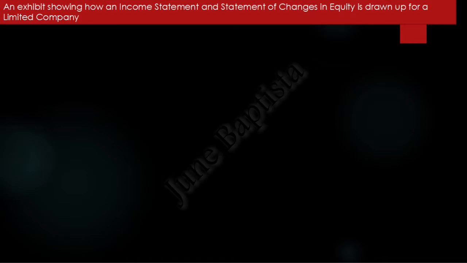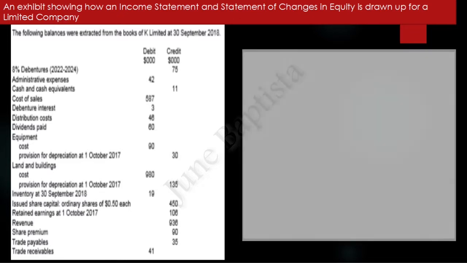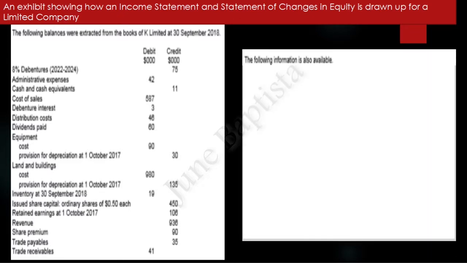The following exhibit is adapted from a past paper and will show how an income statement and the statement of changes in equity is to be drawn up for a limited company. Pause the video in order to study the information given. Additional information available. 1.